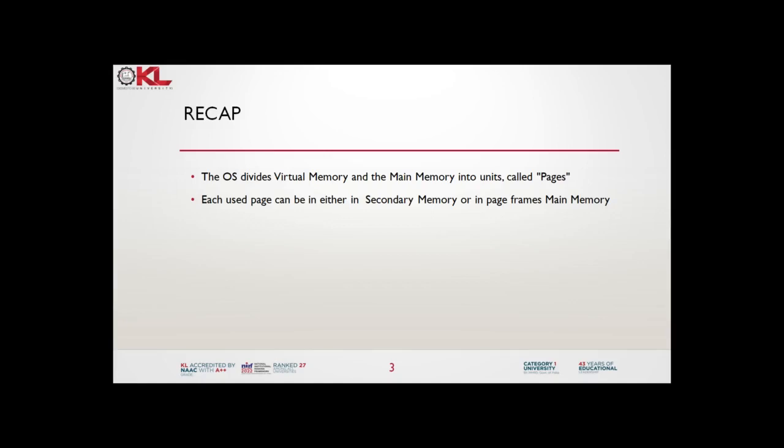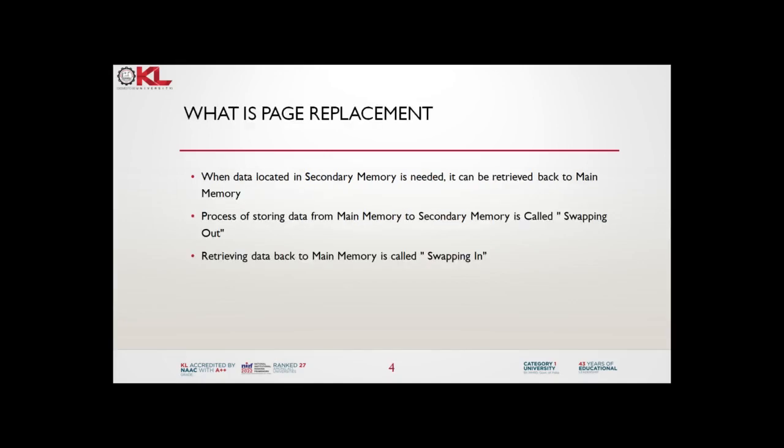So let us see the various types of algorithms we are going to look into. As I stated here, when the data located in secondary memory is needed, it can be retrieved back to main memory. The process of storing data from main memory to secondary memory is called swapping out. Retrieving data back to main memory is called swapping in.